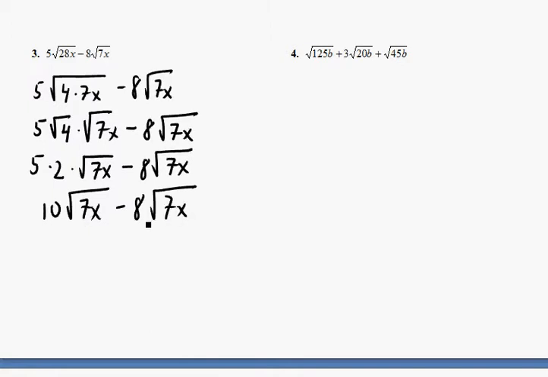And since these two radicands are the same, I can combine these two terms. 10 of something minus 8 of something gives us 2 of something. So 2 times the square root of 7x.